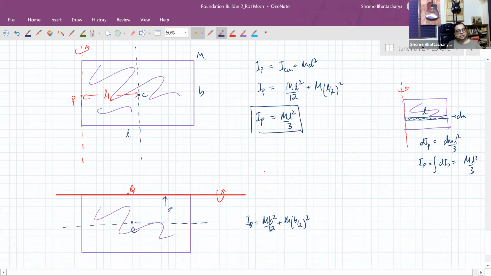This is B by 2. Using this, we can see that moment of inertia about this other edge is MB square by 3.